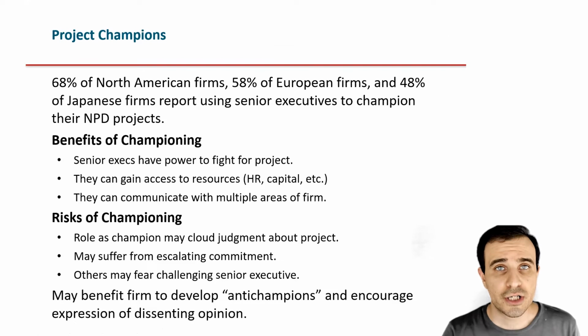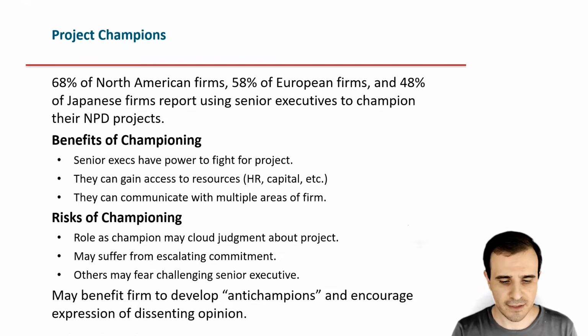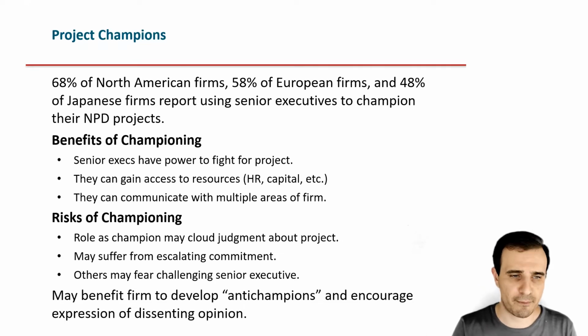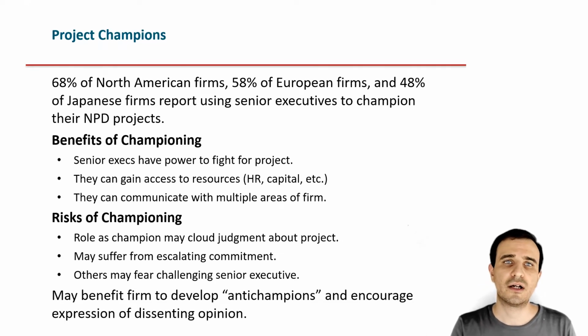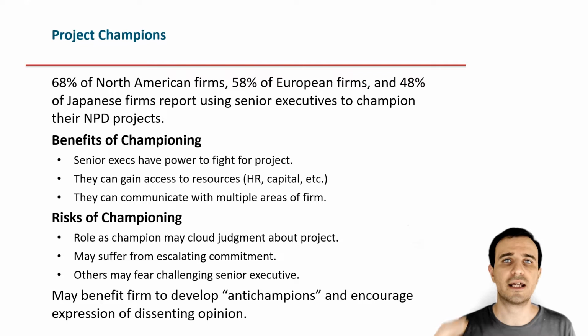Some alternative methodologies to the parallel process include the Project Champion. The Project Champion was introduced first in America, Europe, and Japan. The idea here is that since new product development is very challenging, you need some senior executives who will champion the new product development.